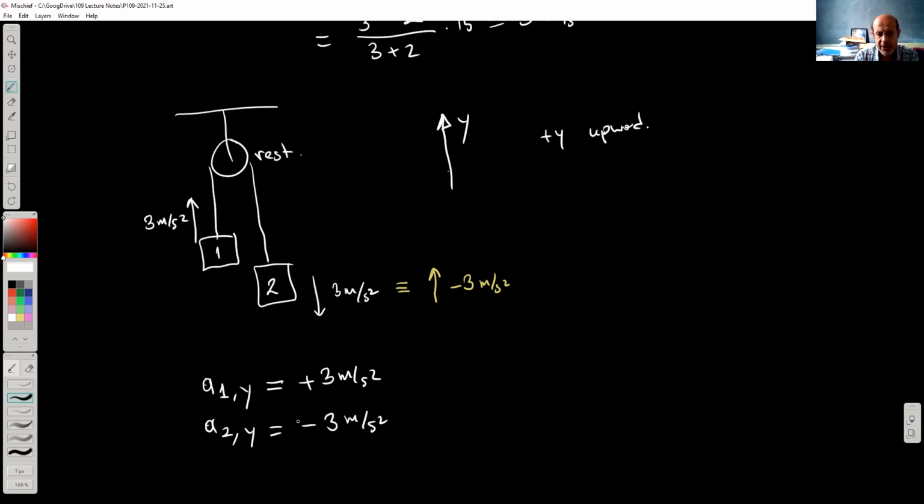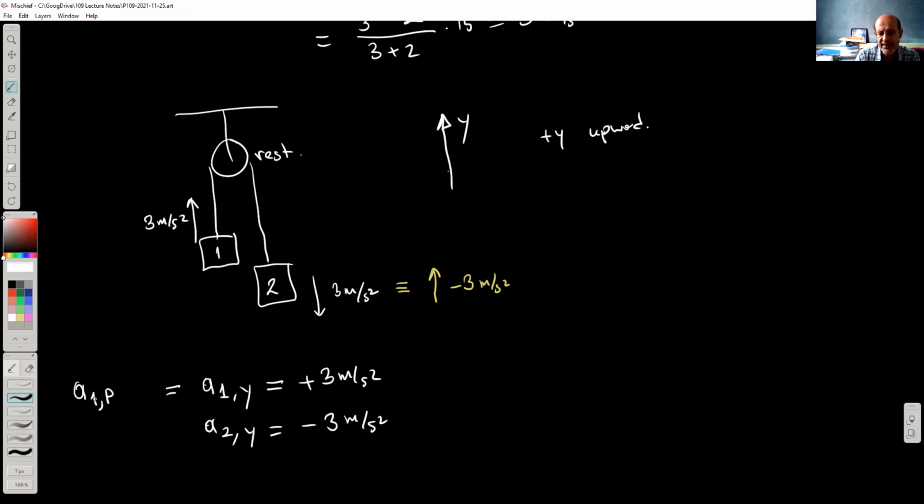So in any case, why did I do this? Because I know that the pulley in the original reference frame has an acceleration which is given by, I mean, these are relative accelerations basically. So let's just remember that that's the acceleration of one relative to the pulley and its y component. There are too many commas in here.